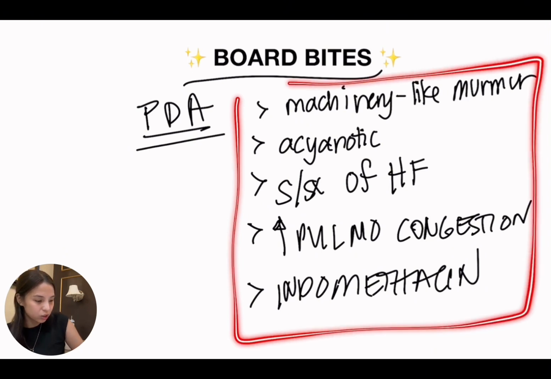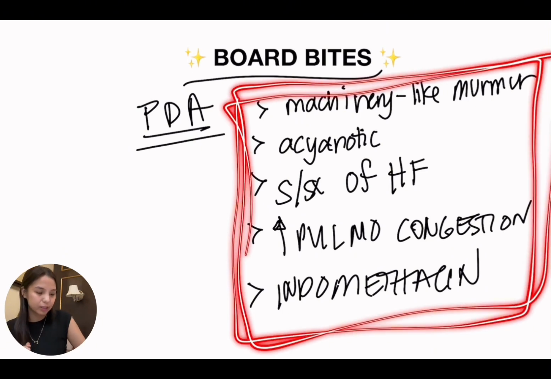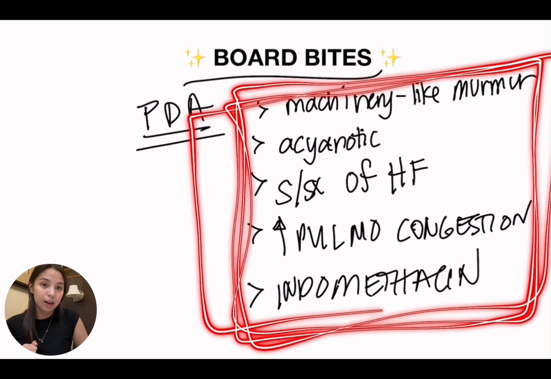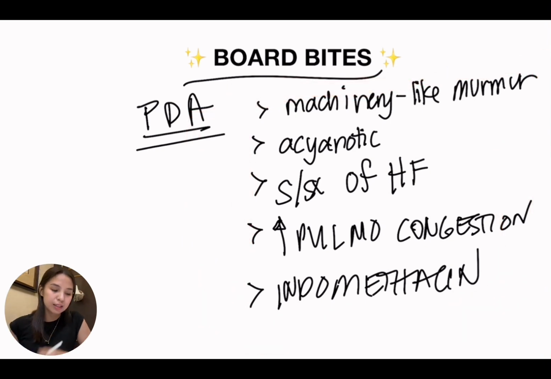That's all. That is a summary of everything we talked about. Memorize that. That's all you have to bring with you in your pocket. This is your ammunition whenever you see patent ductus arteriosus.